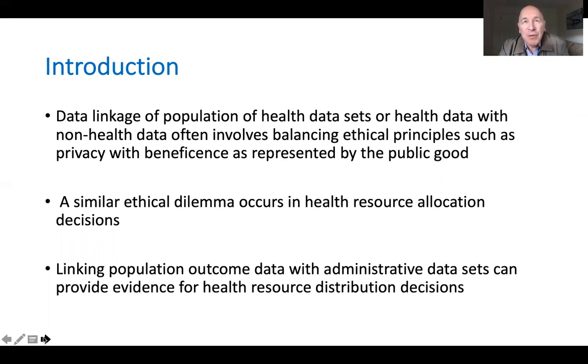And this is a very similar ethical dilemma that can occur in health resource allocation decisions. Linking population outcome data with administrative data sets is one way of providing evidence for those health resource distribution decisions. So looking at a framework for the decision making can be quite instructive.